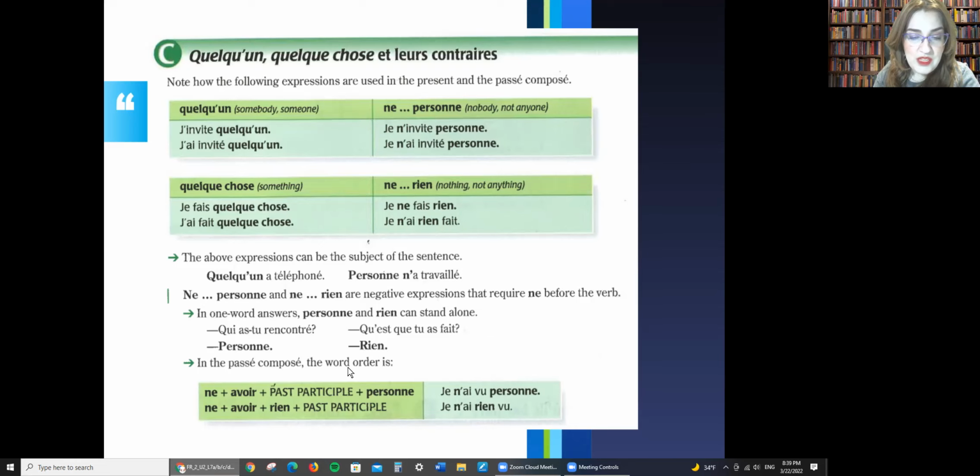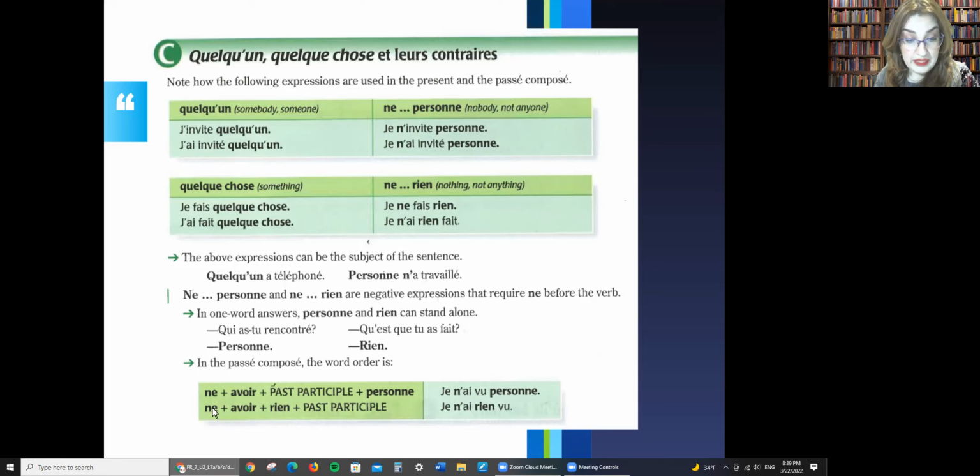In the passé composé, the word order is ne plus avoir plus past participle plus personne, like so. Here's an example. Je n'ai vu personne. So you have the subject plus ne plus avoir plus past participle plus personne. I saw no one.